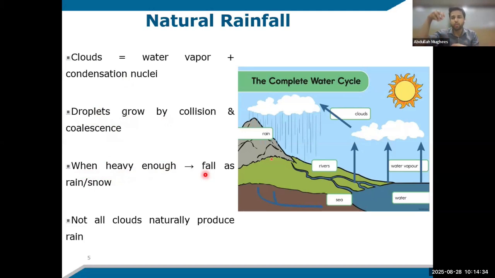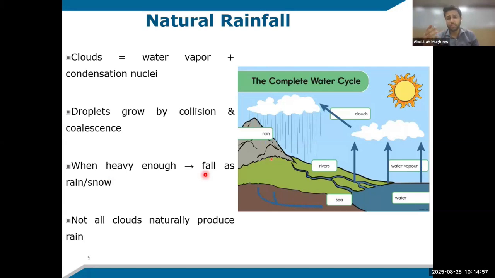Okay, because whatever was in the cloud comes to the ground. So it depends on the temperature whether it's going to be water that comes down, we would call it rain, or is it going to be snowfall that comes down? We will call it snowfall. Okay. So it's rainfall or snowfall. It depends on the temperature that surrounds you.